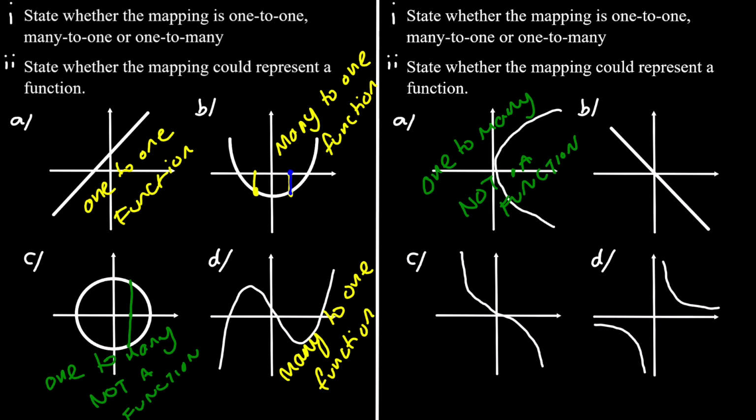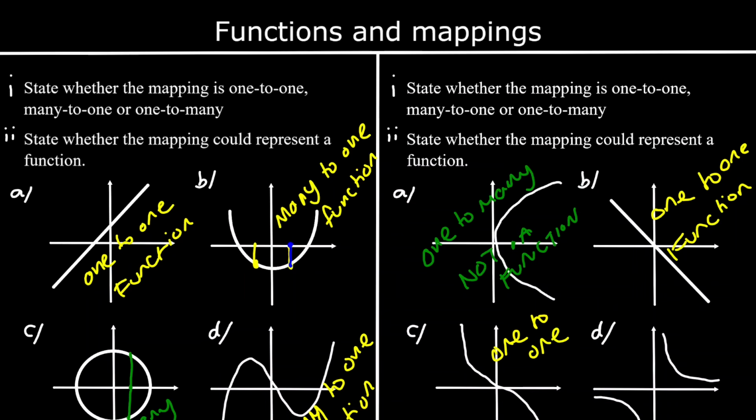For B, we've got a linear graph. That's a 1-to-1 function. Every input has one output. Part C, this is an x cubed graph, and it's actually a 1-to-1. If it's a 1-to-1 function, no matter where we draw the horizontal line, it's only going to intersect once.